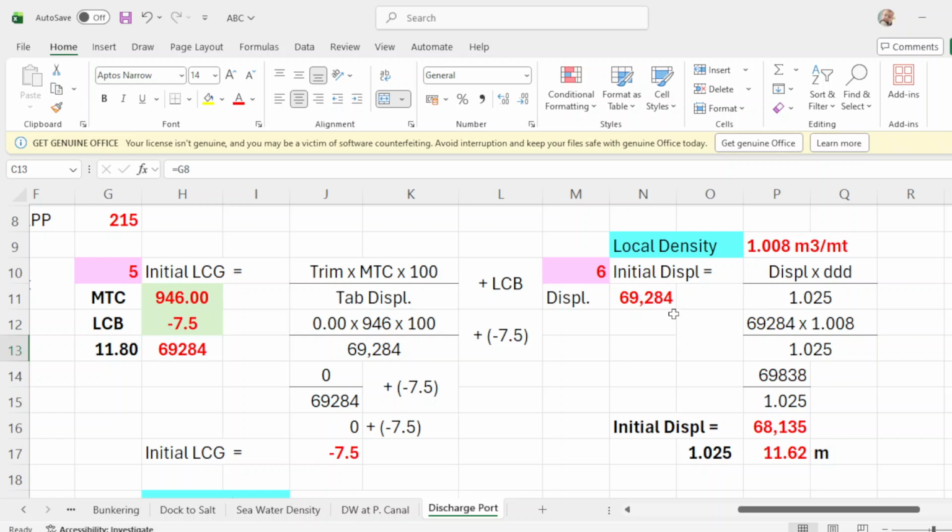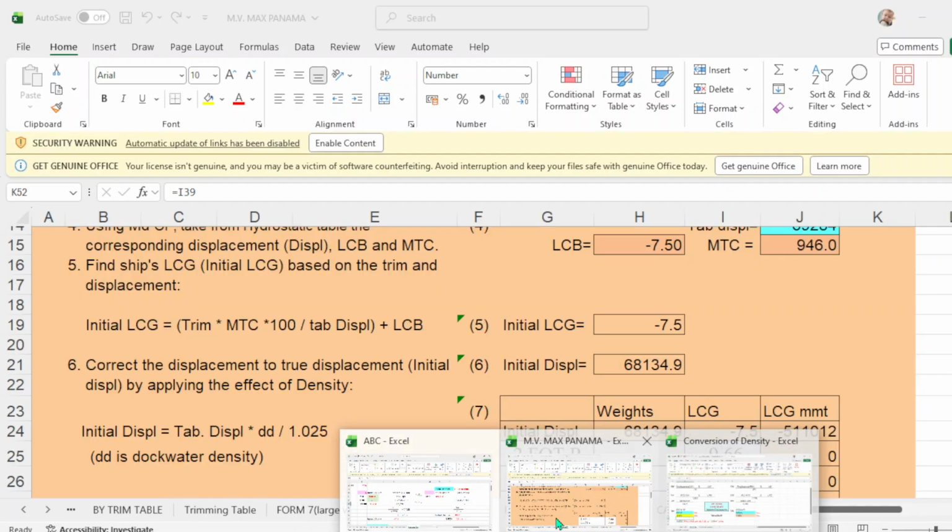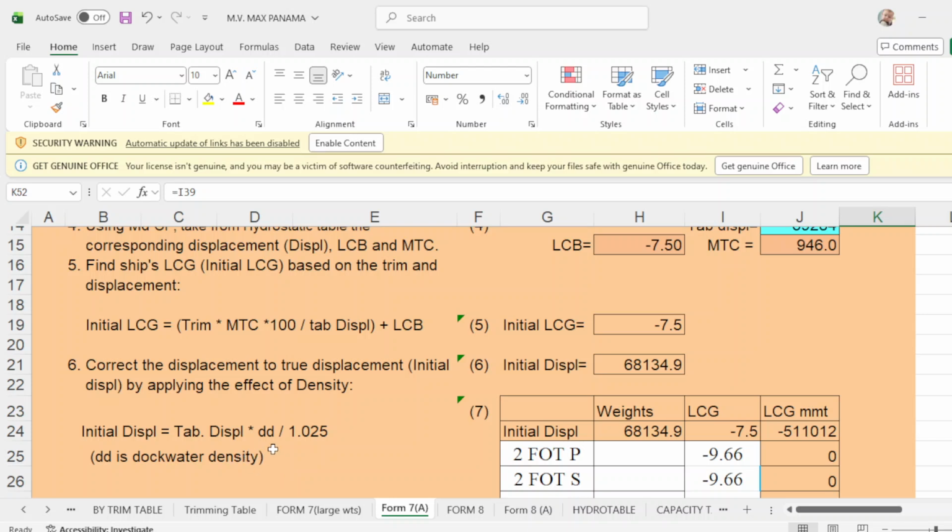Initial displacement is your displacement, which is the 69284 times your local density. Okay, local density is DD.